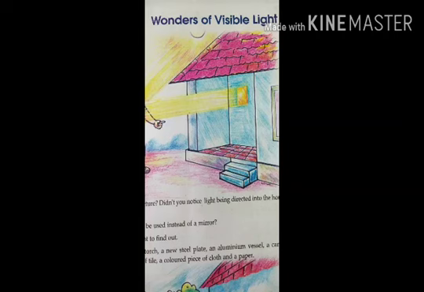The next point, mirrors. There are two types of mirrors. What are they? Plane mirror and spherical mirror. Spherical mirrors can be classified into two, convex mirror and concave mirror. We see our image, we see our face in plane mirror, isn't it?